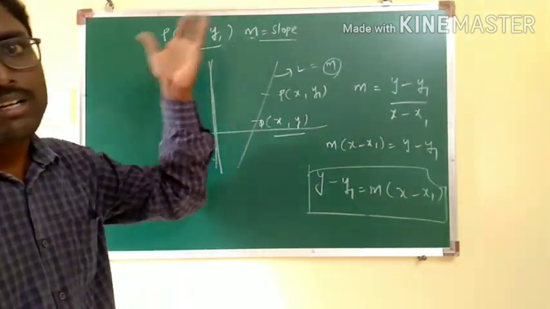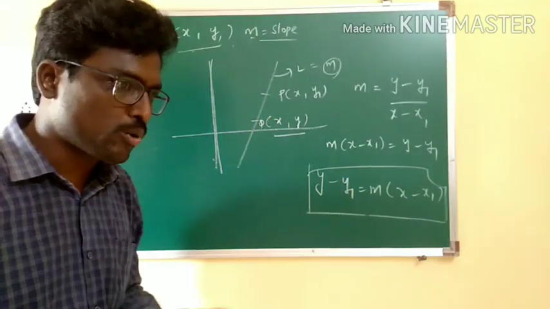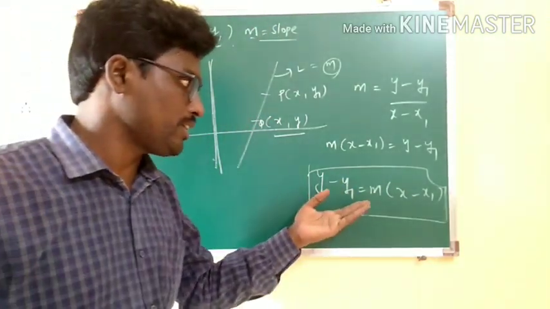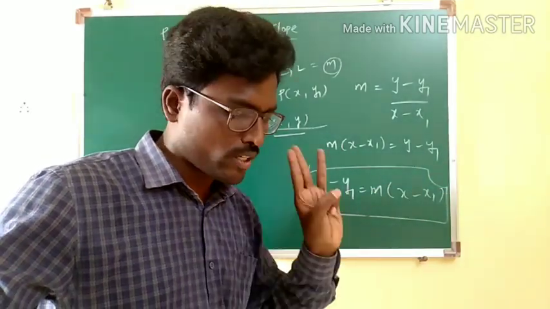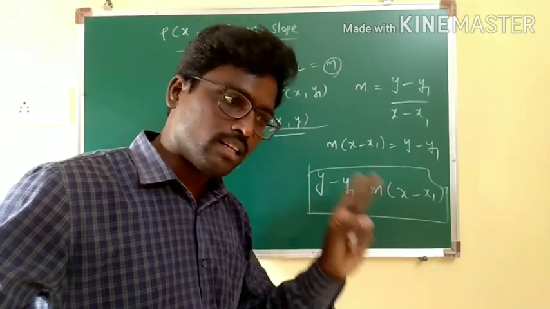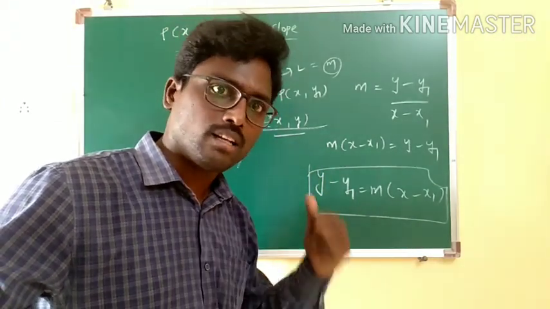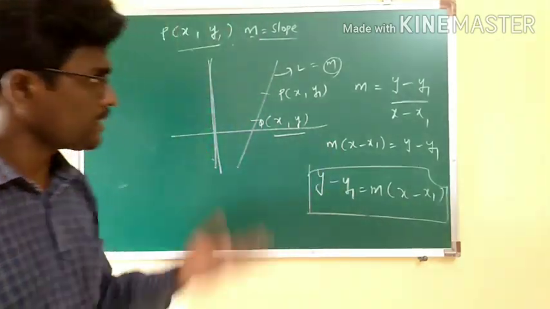What is the point here? (x1, y1), and what is the slope? m. When you come across the point and slope form, you can use y minus y1 is equal to m into (x minus x1). The first one is the slope intercept form, then the slope x-intercept form, and now the point and slope form. Please note this. Take the figure and write it down.